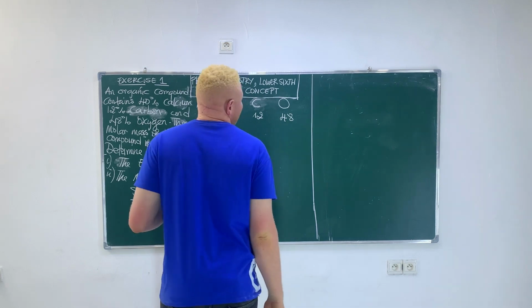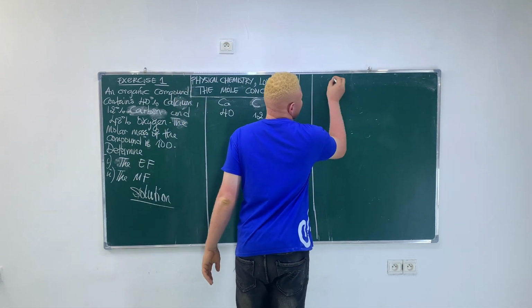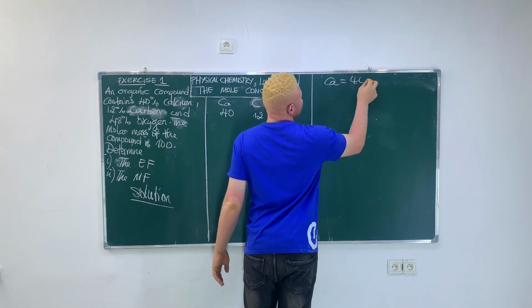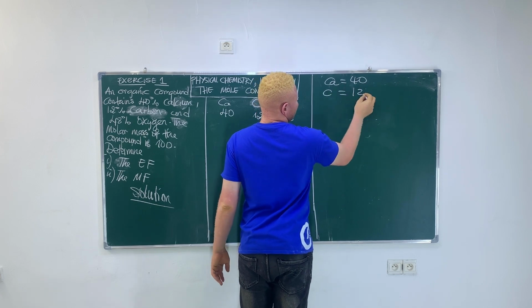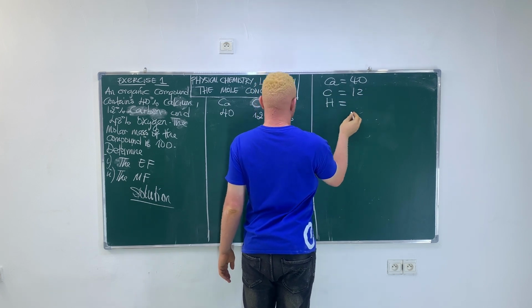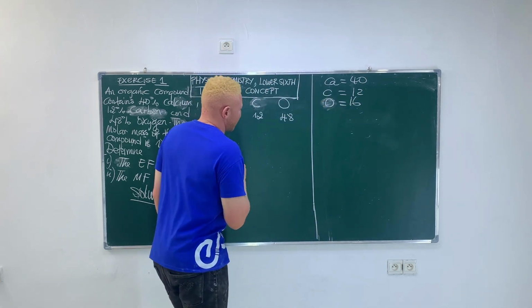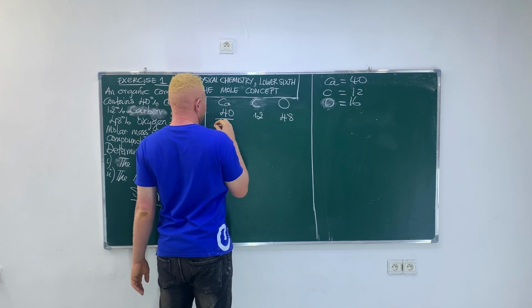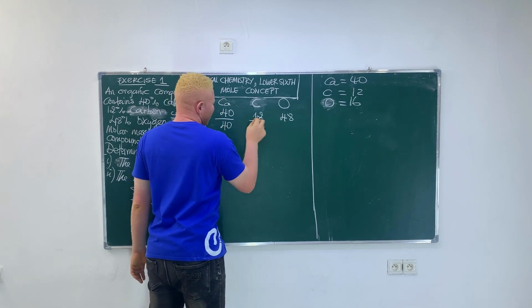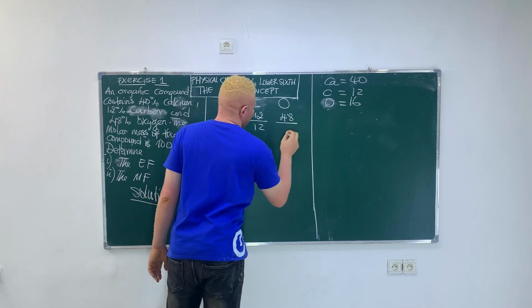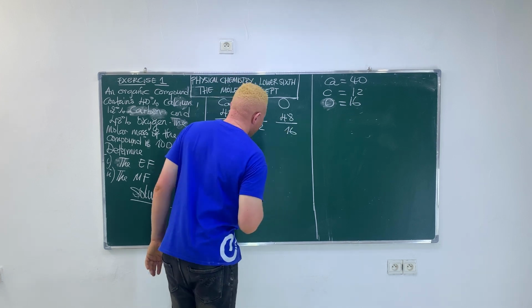We divide by the molar masses. We know that the relative atomic mass for calcium is 40, carbon is 12, oxygen is 16. So we divide by the molar masses: calcium is 40, carbon is 12, oxygen is 16.